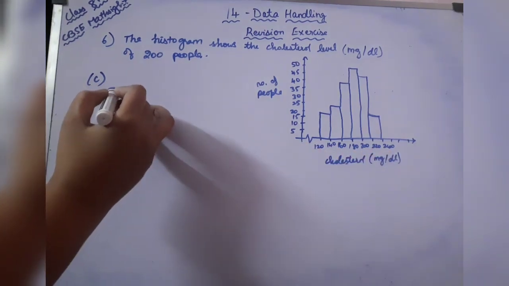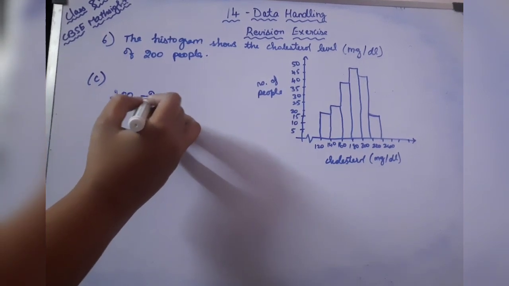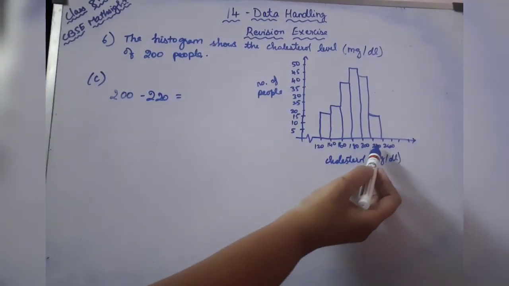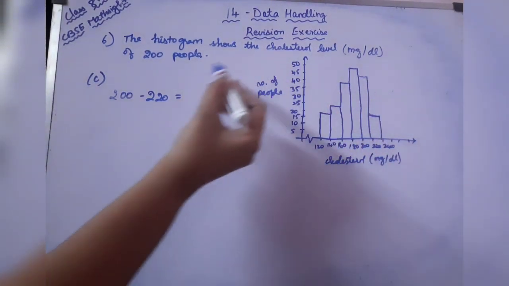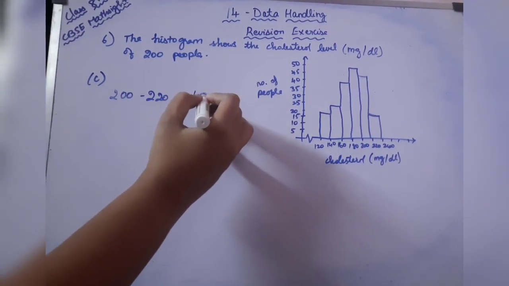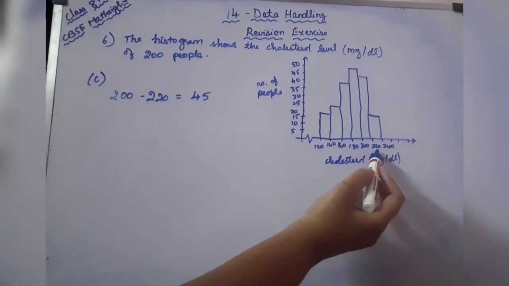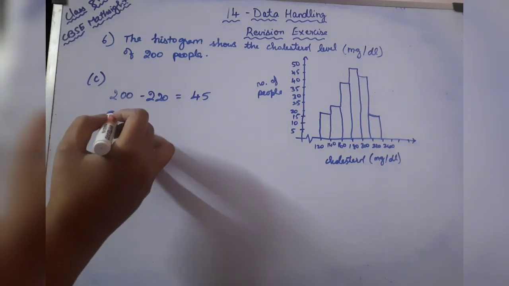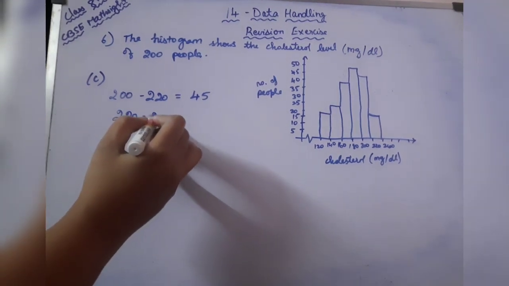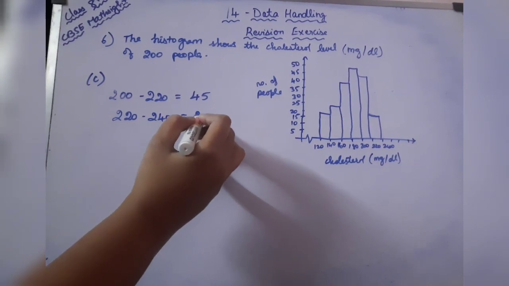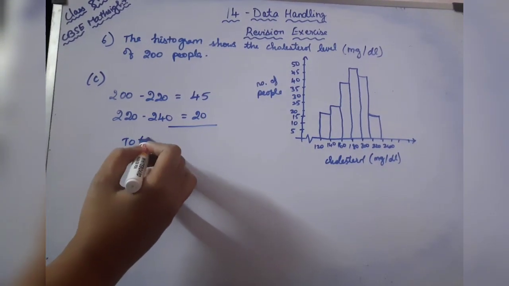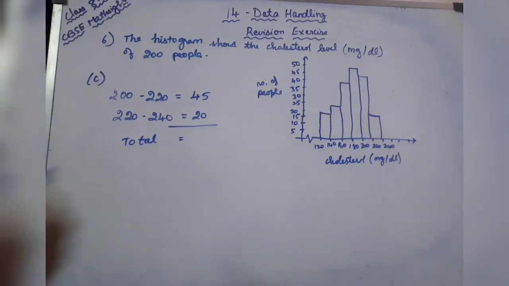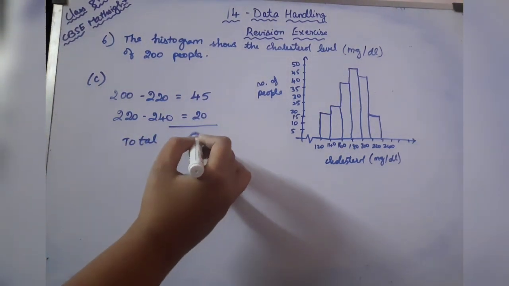From 200 to 220, 45 people have that cholesterol level, and from 220 to 240 we have 20 people. So the total number of people who have crossed the limit of 200 will be 65.